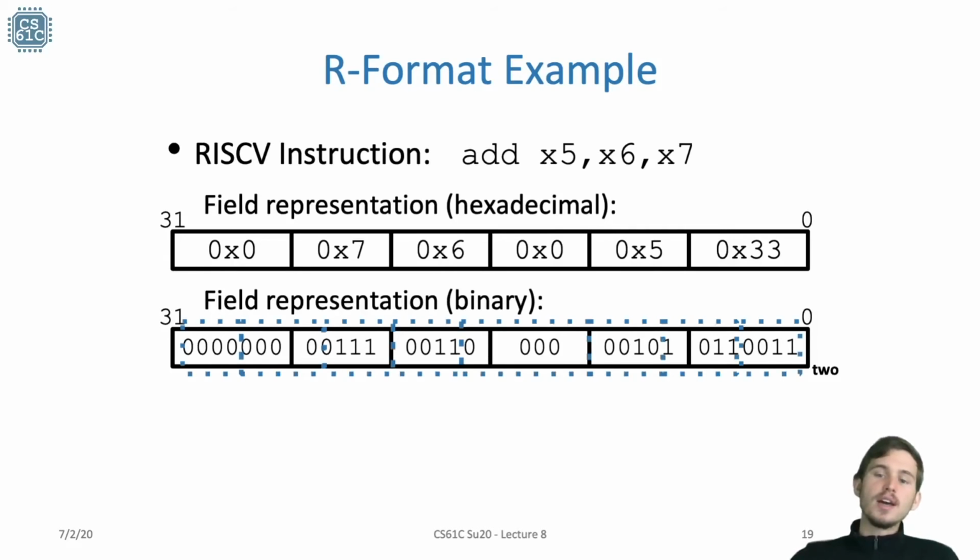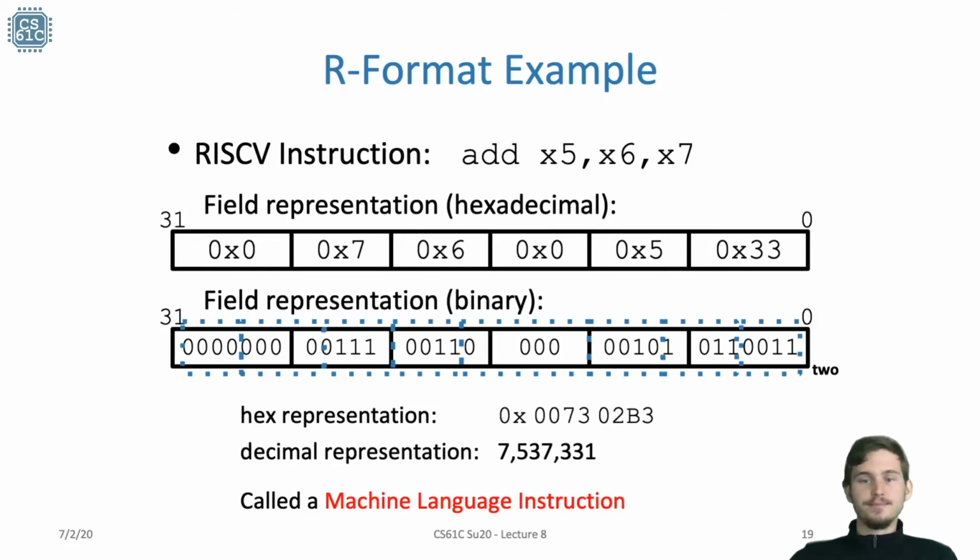Let's split this up, so then we can translate it into something a little bit more readable, such as hex. In hex, this is the actual representation of this instruction right here. You can also represent this in decimal, which is equal to this number right here. This is really just called a machine language instruction because it is in the language that the machine or CPU actually understands and is able to use to perform some operation.